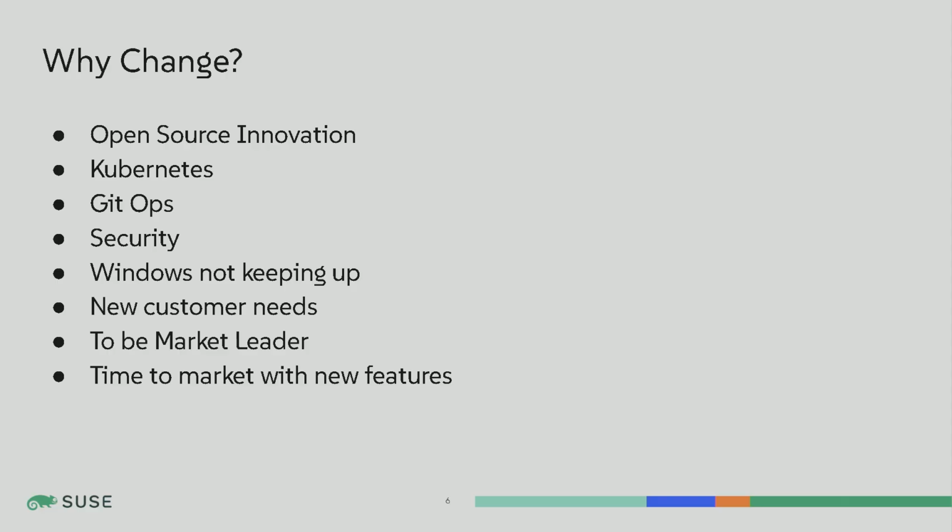So open source innovation, Kubernetes, two of the key elements. A GitOps model of development where I can constantly be doing development and releasing features. I want to potentially add a feature and say, hey, that'll be an extra $100 for that feature, and things of that nature. So that GitOps model of engineering allows for those faster turnarounds.